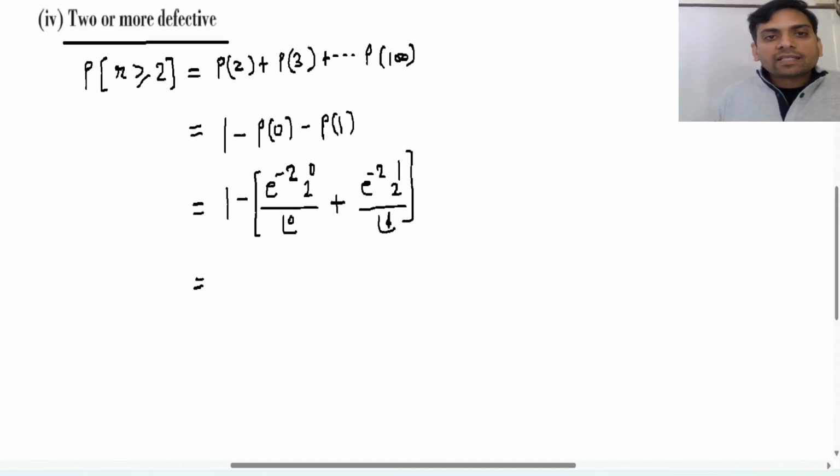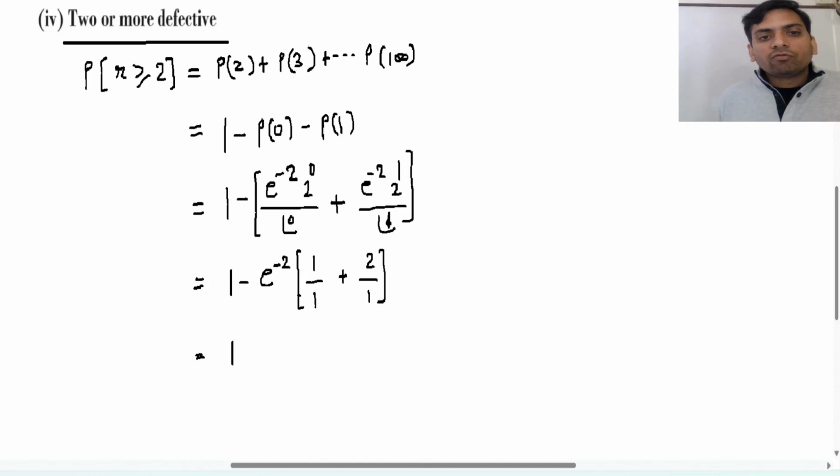So now you can write e raised to the power minus 2 as common again. So you can write this as 1 minus e raised to the power minus 2 as common, and this is what? 2 raised to the power 0. This is 1, and factorial 0 is what? 1, plus 2 raised to the power 1 is 2, and this divided by factorial 1, that is what? 1.